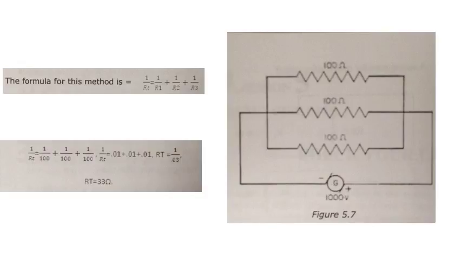If we plug in the values from figure 5.7 into the equation, it will read 1 divided by RT equals 1 divided by 100 plus 1 divided by 100 plus 1 divided by 100, which is equal to 1 divided by RT equals 0.01 plus 0.01 plus 0.01, which is equal to RT equals 1 divided by 0.03, which is RT equals 33 ohms.